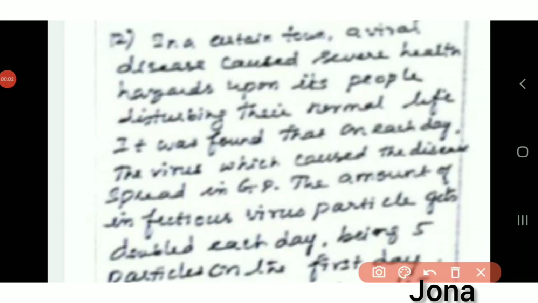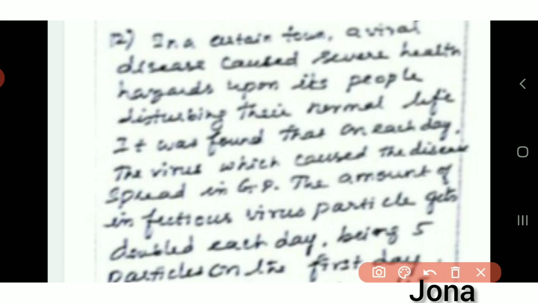12th sum. In a certain town, a viral disease caused severe health hazards upon its people, disturbing their normal life. It was found that each day the virus increases in GP.